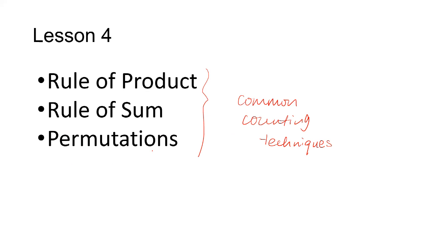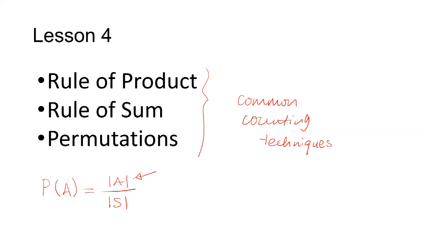So the reason why we need to learn the common counting techniques is to calculate the probability of a given event. Remember that the theoretical probability of this event is denoted as the number of sample points in this event divided by the number of sample points in the sample space, right?